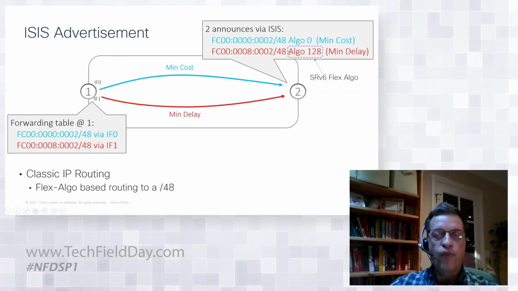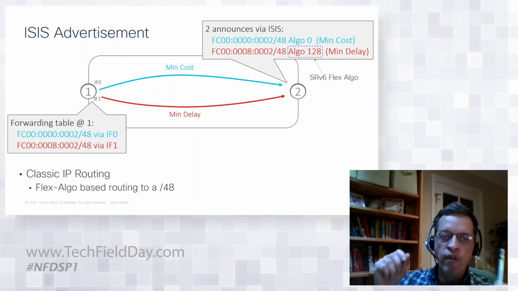Those 2 /48 prefixes, because they're really prefixes, will be advertised in ISIS, and a router on the opposite side, like router number 1, will program in its forwarding table a FIB entry on how to get to 2 for the prefix in blue /48, for example, if the IGP computed via interface 0, and another prefix in red /48 via interface 1. They represent different paths in the network.